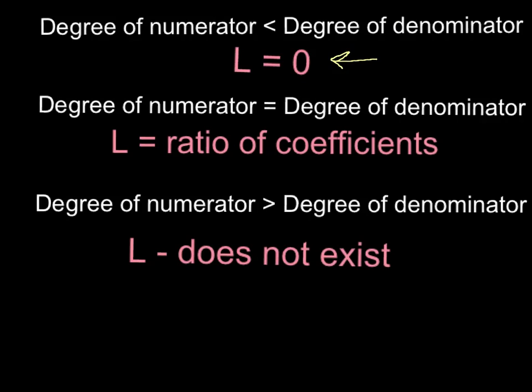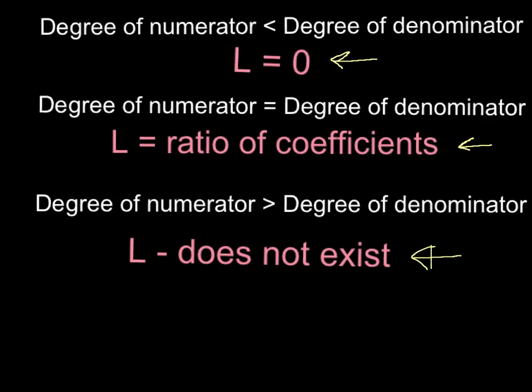If I've got a rational function and the degrees of the numerator and the denominator are the same, then just like with the asymptotes, the limit is going to be the ratio of the leading coefficients, those largest powered terms. And when the degree of the numerator is greater than the degree of the denominator, like we saw in the last example, that means that the limit does not exist.